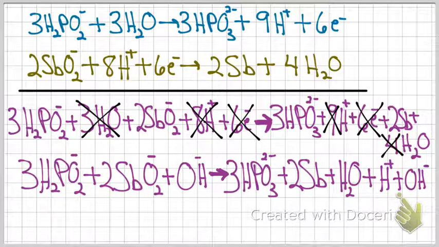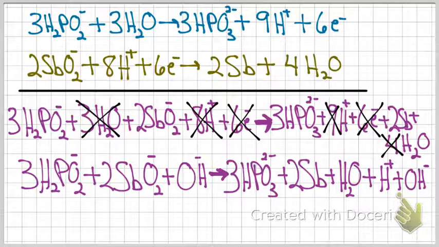But we were given the premise at the beginning that this had to be basic. So we know from our work with acids and bases, the way you cancel out hydrogen ions is by providing hydroxide ions. So I needed to neutralize 1 hydrogen on the right side. So you see I've put an extra hydroxide on the right side.